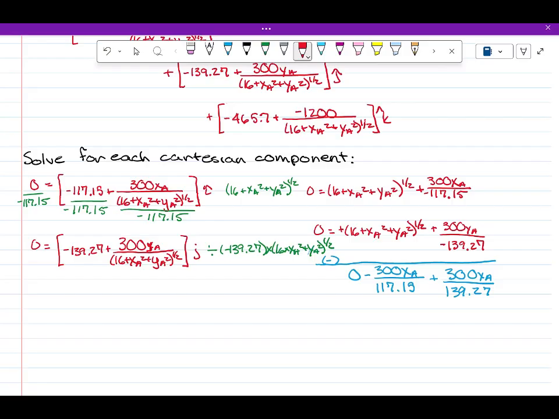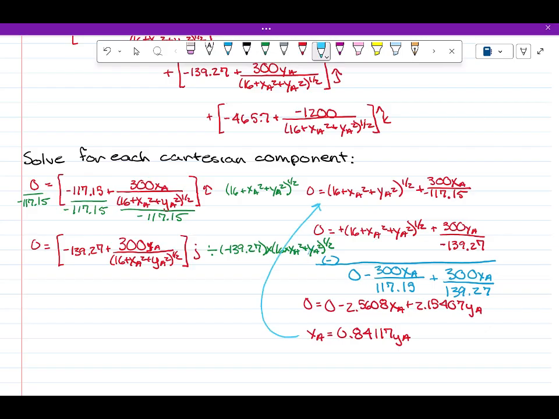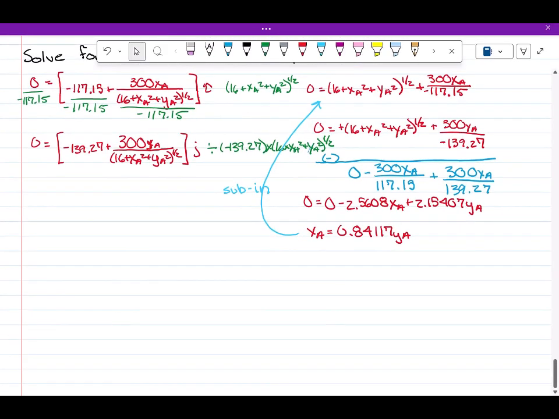When I calculate this, I get 0 equals 0 minus 2.5608 xa plus 2.15407 ya. Then I can solve for xa in terms of ya, and xa is equal to 0.84117 ya.